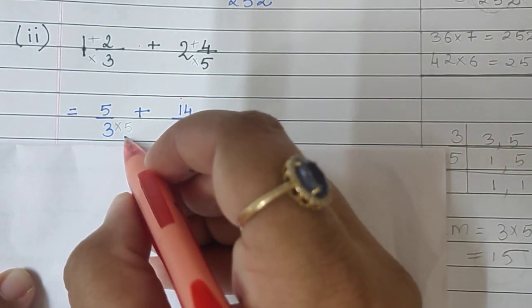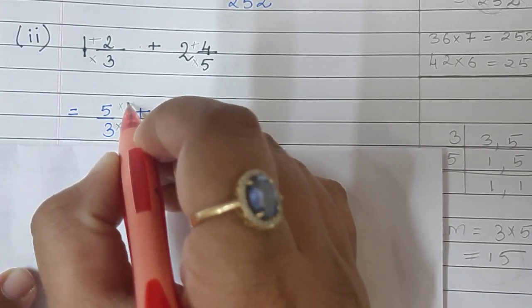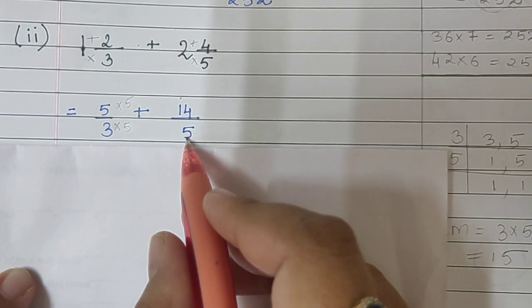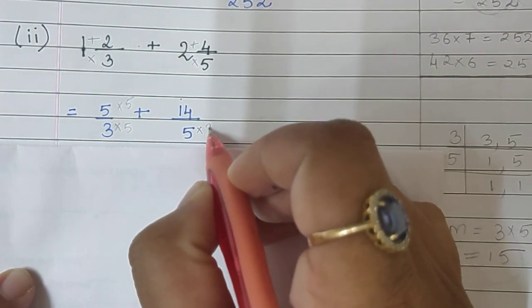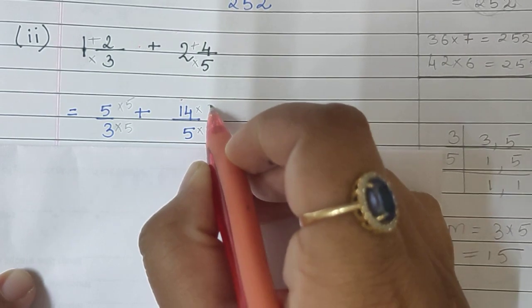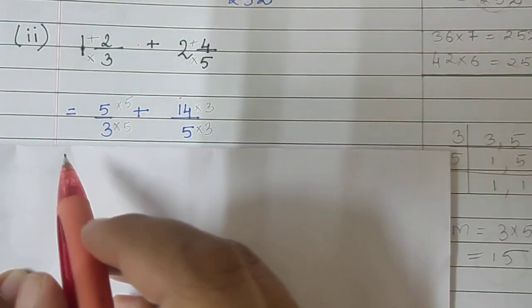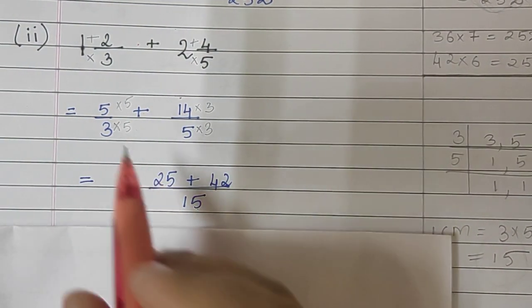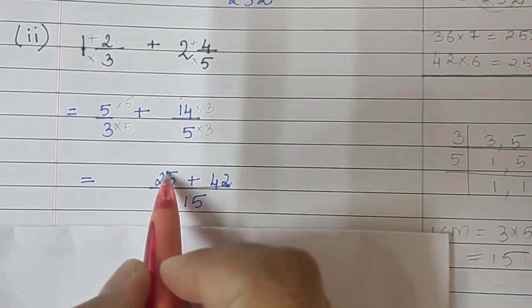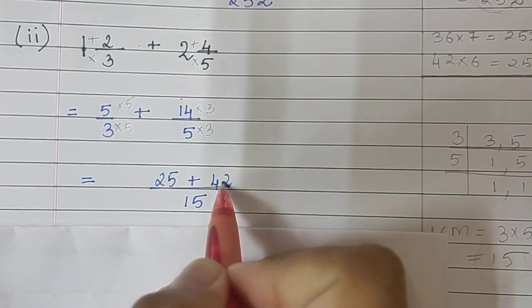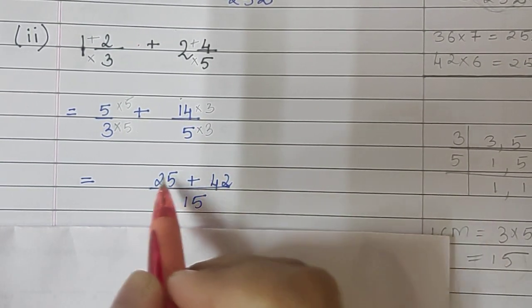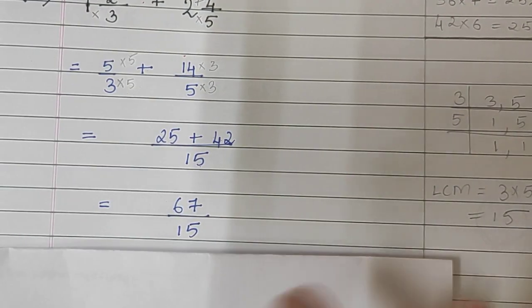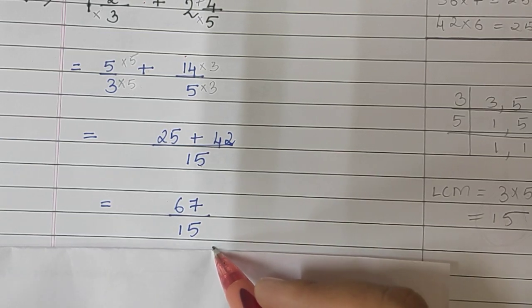Whatever I multiply to the denominator, I will multiply to the numerator also. 5 threes are 15, so this will also get multiplied by 3. Now the denominator is supposed to be 15. 5 fives are 25. 14 threes are 42. Now we can add the numerators very happily. So our answer is 67 upon 15.